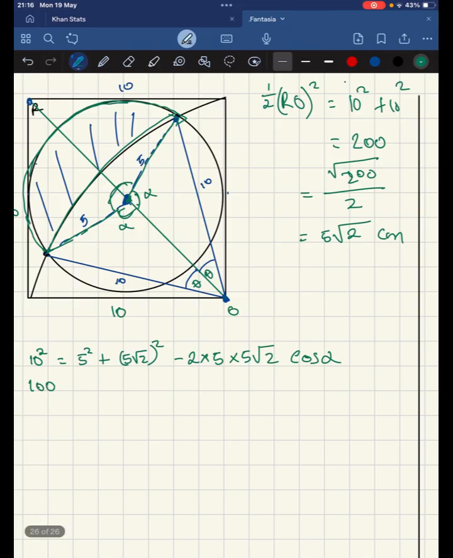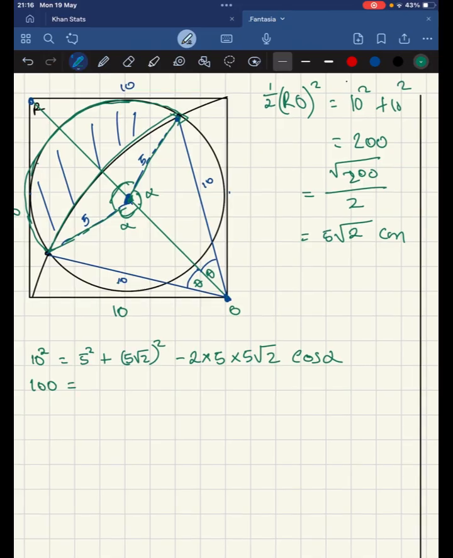So we know that this is going to be 100, right? This is going to be minus 25, minus 25.